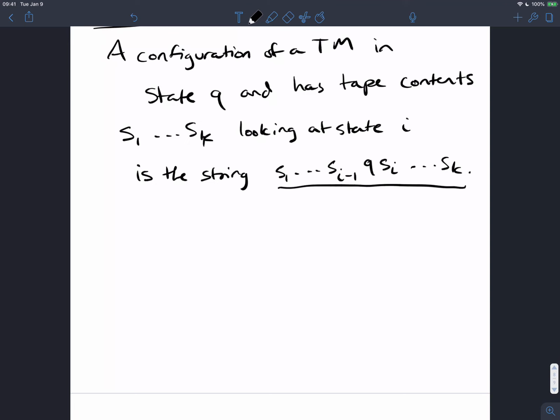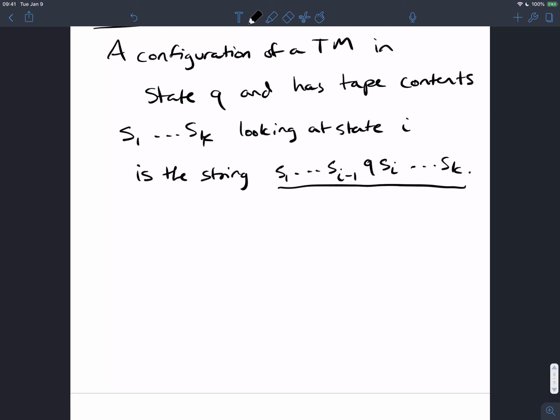Is this a valid encoding? Well, let's see. Could you figure out which state you're in? How many states are in this string? There should be only one, because the SI things are the tape symbols, not the states. So what's the only thing that's a state there? Q. So you just look and say, oh yeah, there's the state right there. So you can recover the state.